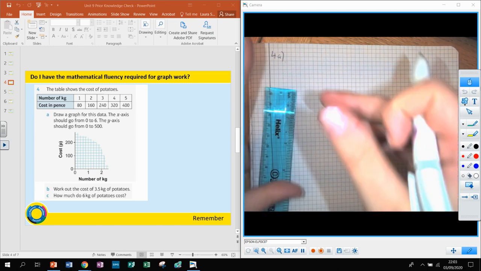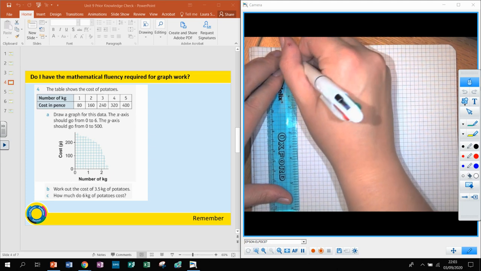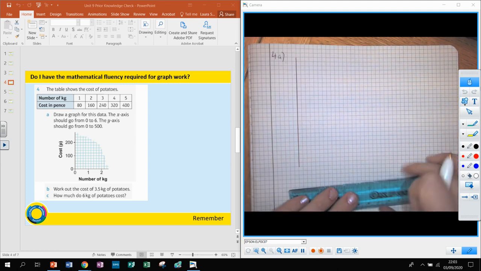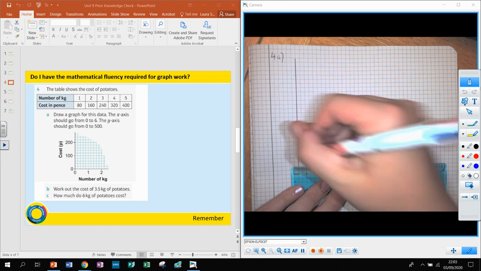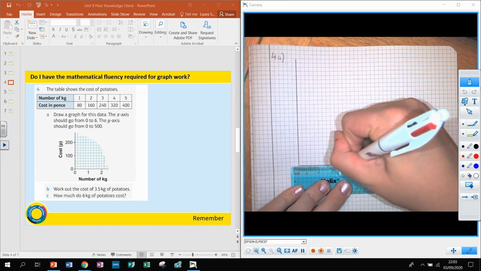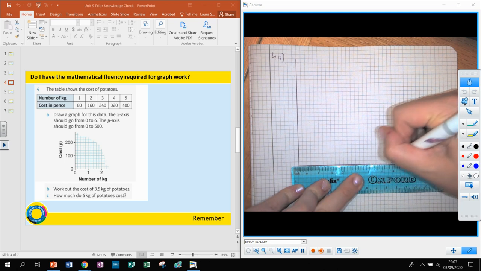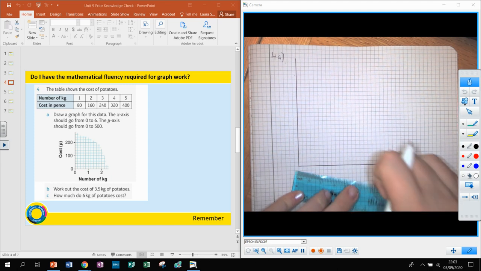So let's create a graph now. They've used 5 squares on theirs to represent 100, so let's do the same thing on here, and they've used 5 squares to represent 1 on the x-axis.